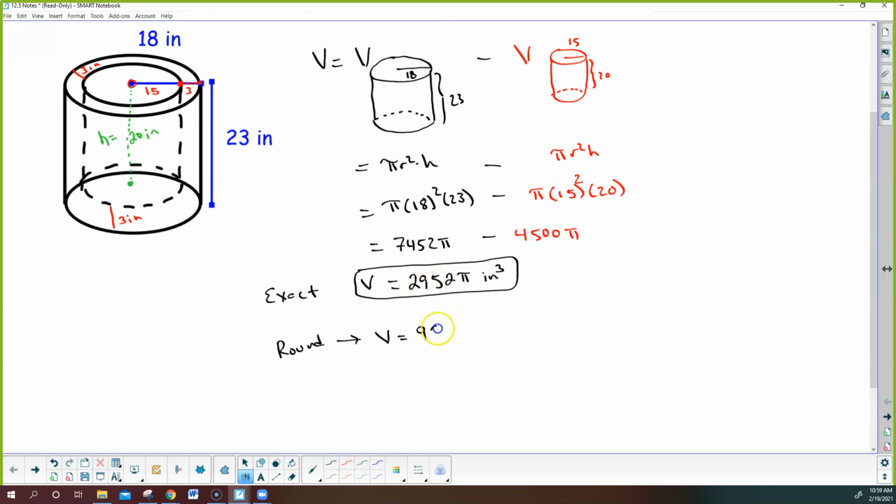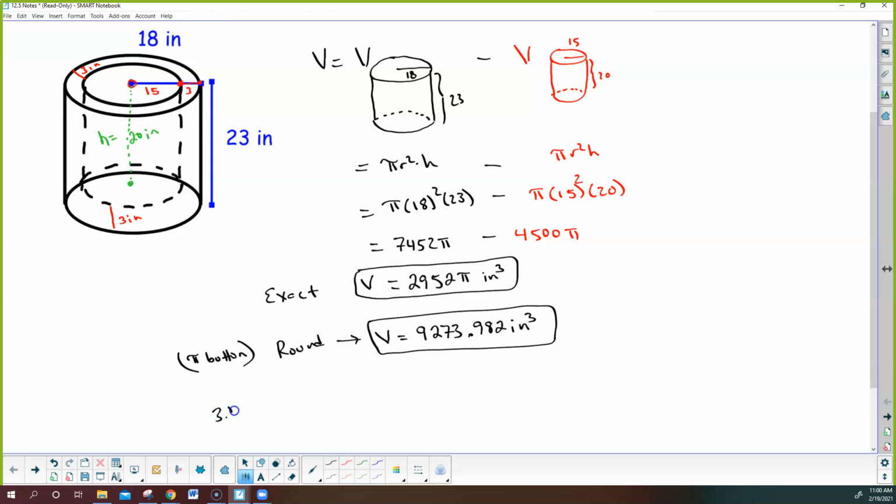I end up with, and we always round to the third decimal, 9,273.982 inches cubed. And I'm actually going to make note here. That was with the pi button.